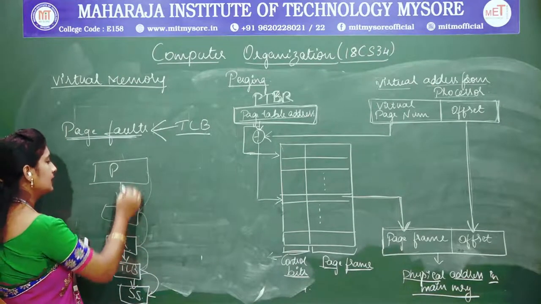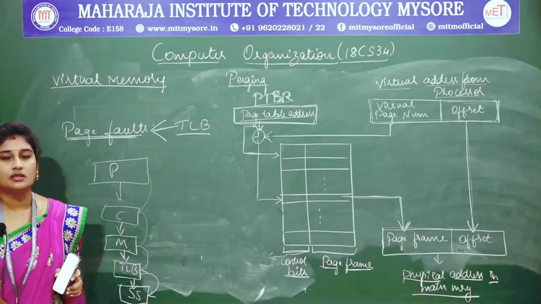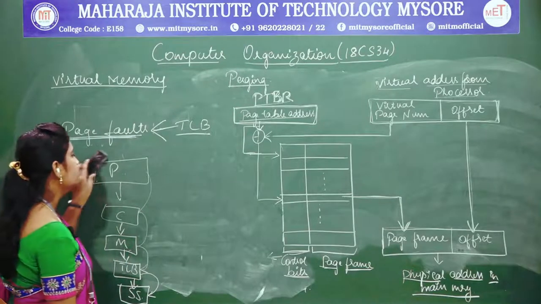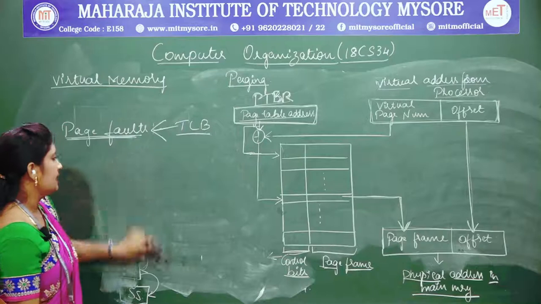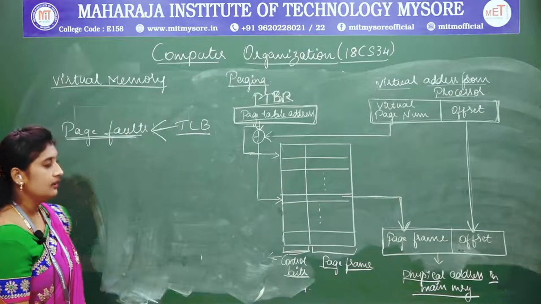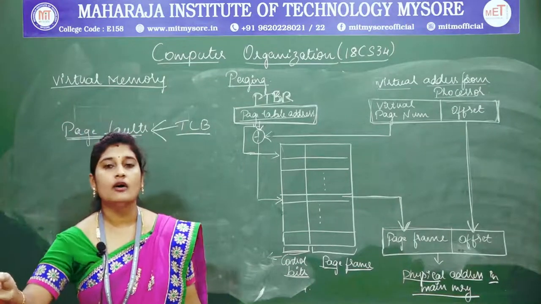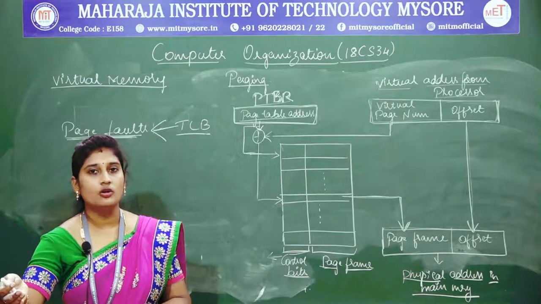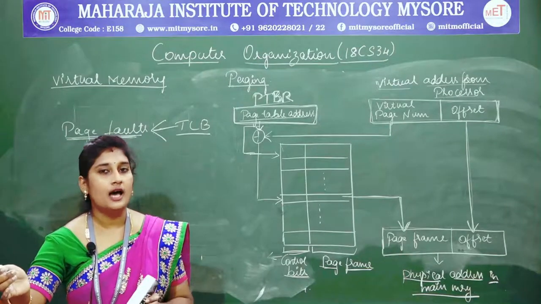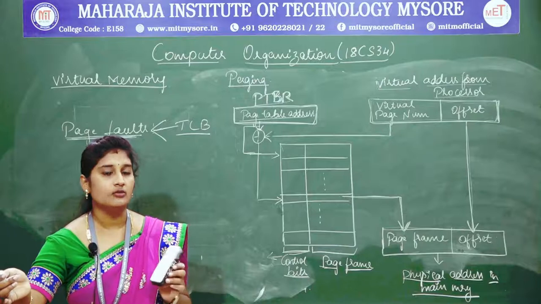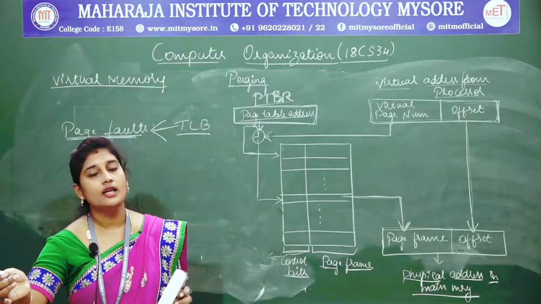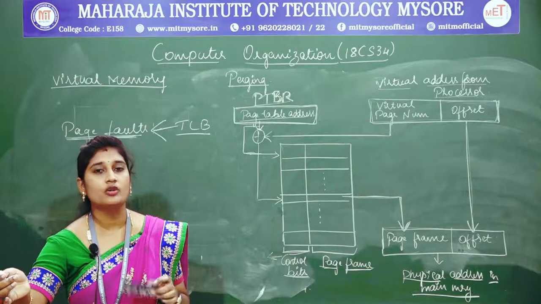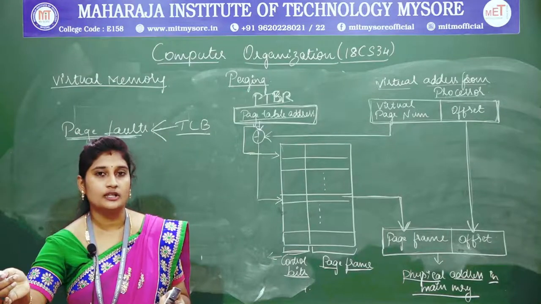Instead of wasting the time, what the processor will do is, whatever pages are present in the TLB. As you already know, a secondary storage is a larger storage system compared to your main memory. So again, searching in a secondary storage will be a higher time consuming task.